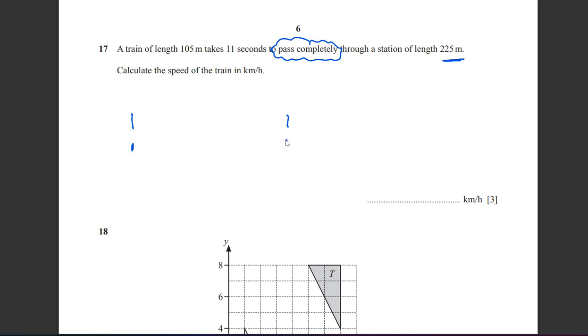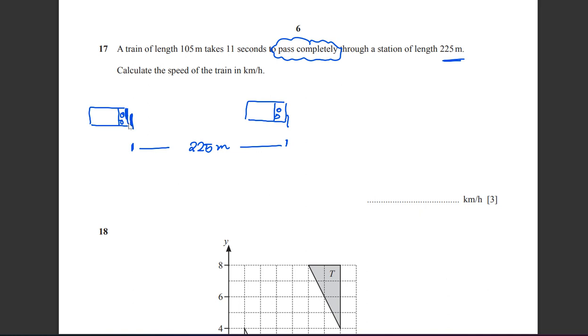If this is the train and the front of the train reaches the end, that means I already finished the station. When the front touches the beginning, then the front touches the end, that means it is 225.